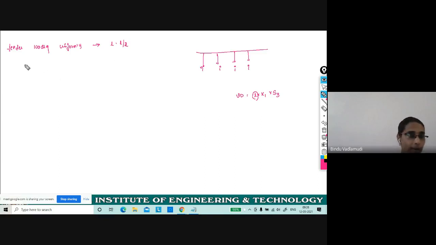The next one: if the feeder is loaded at only one end, then what is the value of L?